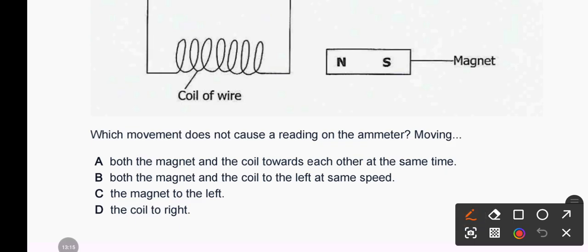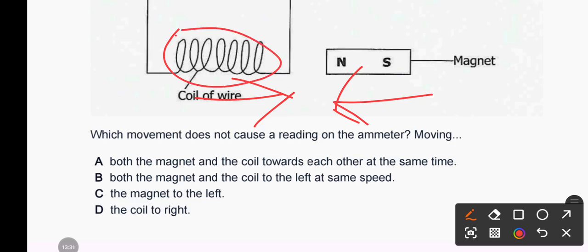Let's try to imagine this. So maybe the coil is going in that direction and the magnet in that direction. If this transpires, then surely the coil will experience a change in magnetic field, and a change in magnetic field will cause the ammeter to register a reading. In this case, we want which one does not. So option A is incorrect. Option B.